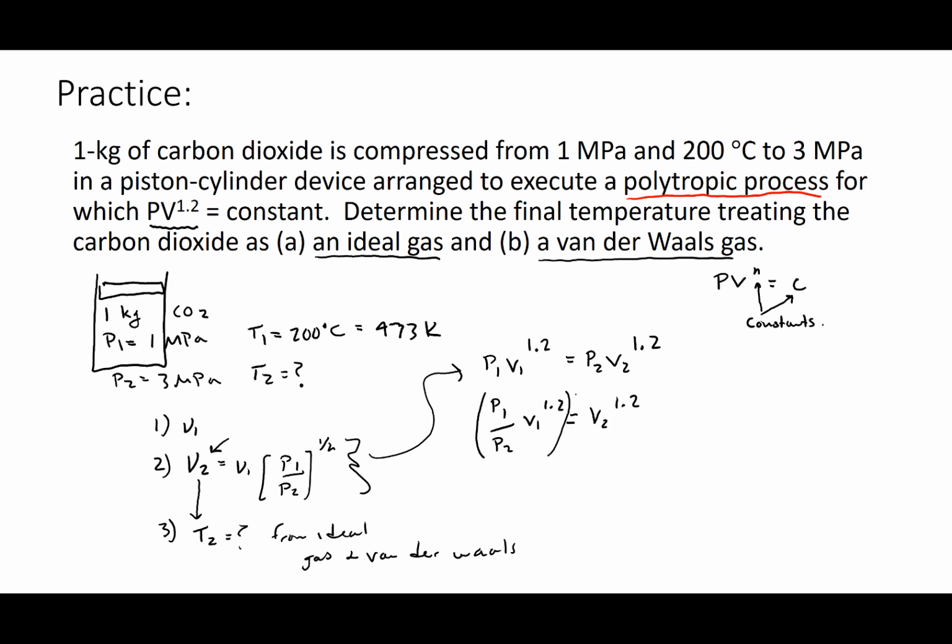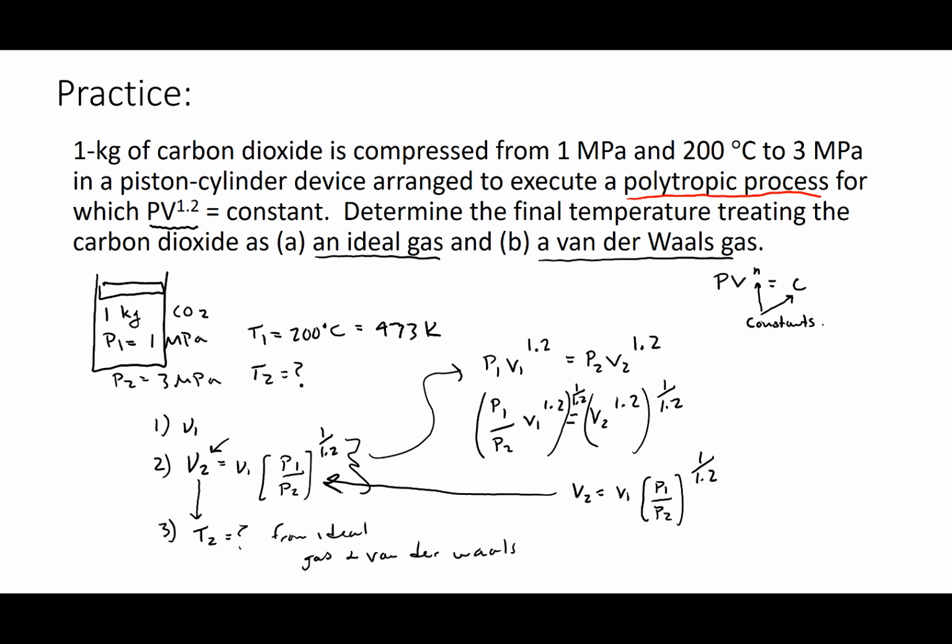Then raise both sides to the power of 1 over 1.2. What I end up with is V2 equals V1 multiplied by P1 over P2 to the 1 over 1.2. That's how I got the equation we're going to use here.